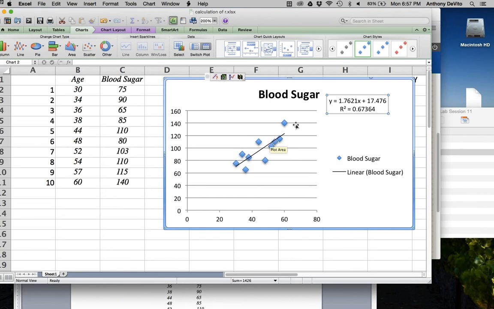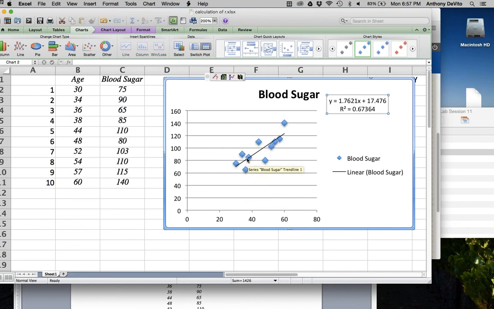So we don't assume we can use this formula to predict blood sugar for somebody who's 15 or somebody who's 120. Which makes sense, right? These are all middle-aged to older adults, and you wouldn't want to use the same formula to predict blood sugars for infants. It wouldn't make any sense.